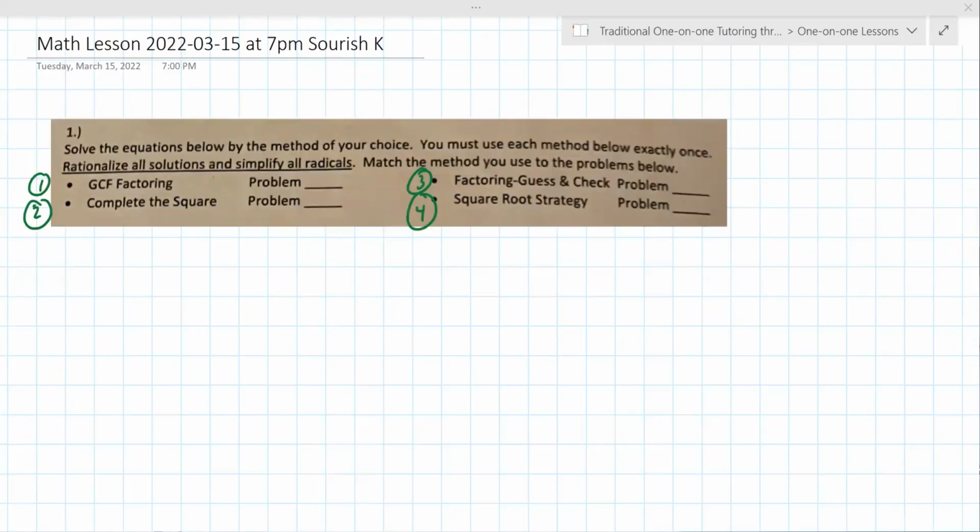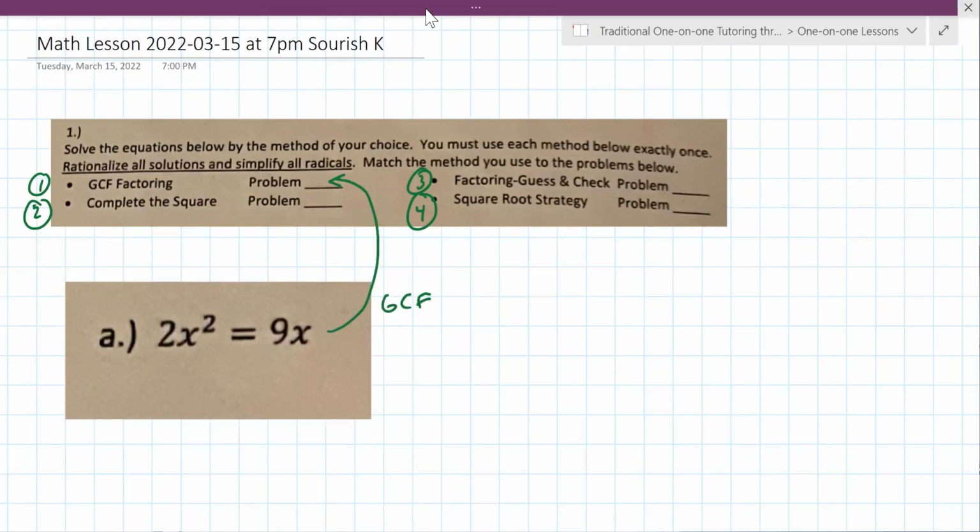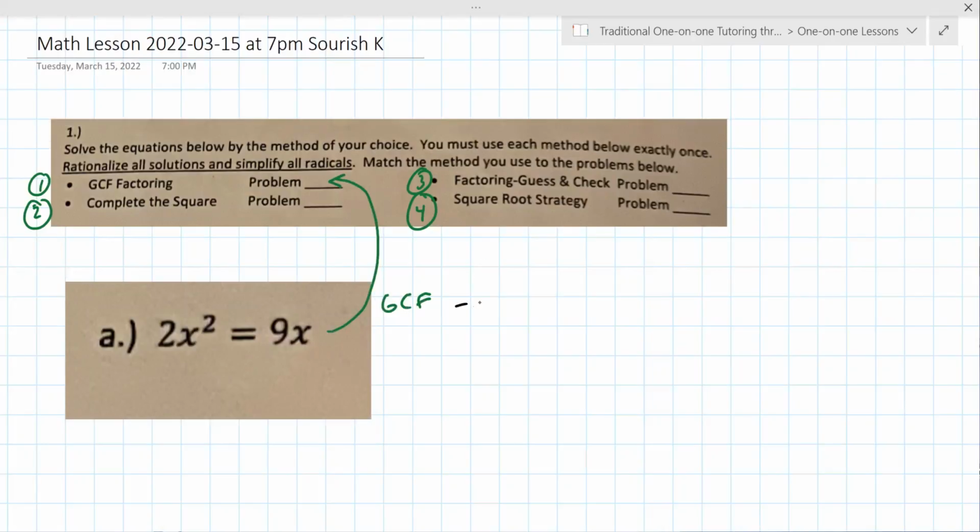So let me snip in this one. Now on the test, you may have to identify which one it is, but letter A is definitely GCF factoring. The reason it's GCF factoring is because every term has an x in it. You can see this 2x squared is a term and this 9x is a term.